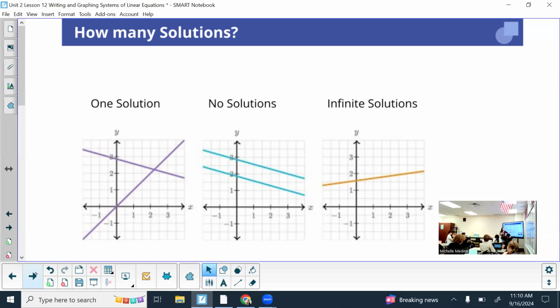And if they end up creating the same line, like maybe the equations are equivalent, like you could rearrange one to get the other, and it looks like the same line is graphed, that's because they're right on top of each other. That's where you have infinitely many. All right, so to summarize, where they intersect is where their solution is, whether that's infinitely many, one solution, or no solution because they don't intersect at all.